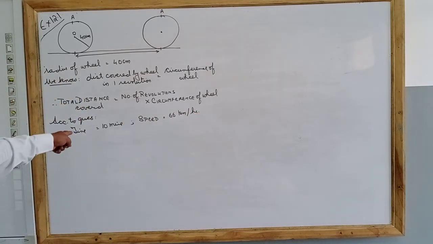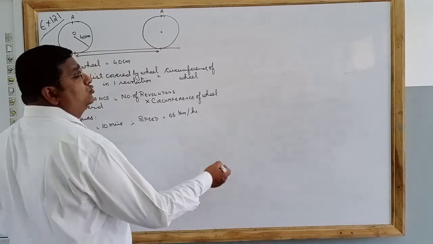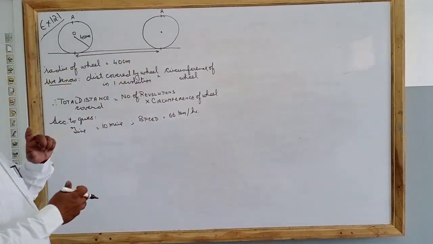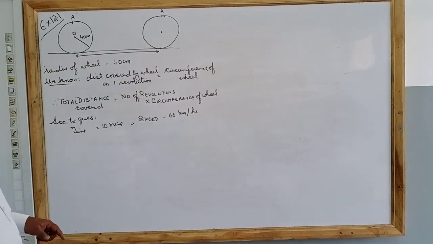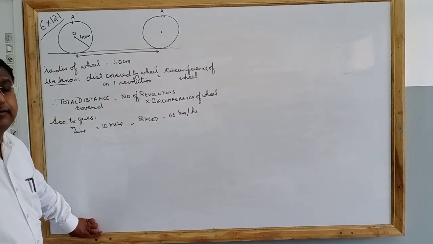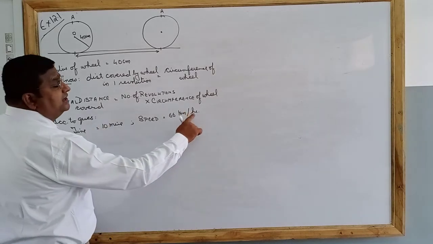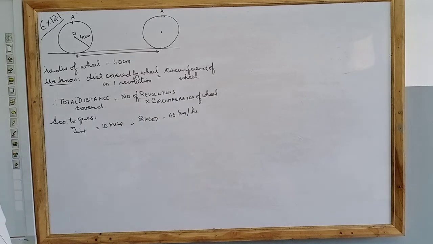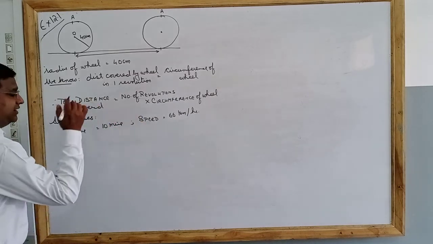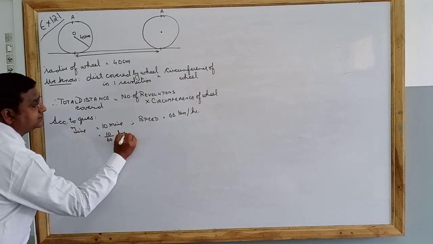As soon as we see time and speed, we know the relation between them, and we can find the distance. We have used it in linear equations, in quadratic equations, everywhere, and we use it daily in our lives. Speed is equal to distance upon time. This time is in minutes and this is in hours, so we have to have the same unit. First and foremost, we'll convert it into similar units. Time is 10 minutes, so 10 upon 60 hours.